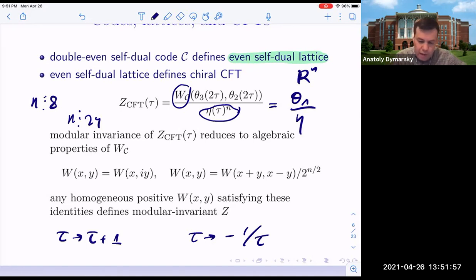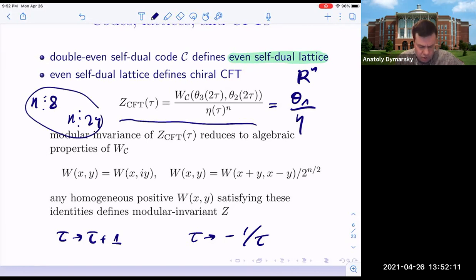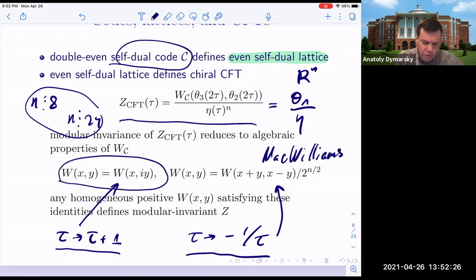And if you have the partition function given by this formula, modular invariance will be guaranteed, well, modulo this issue with the anomaly, by two algebraic identities. This transformation will be taken care of by this algebraic identity, and this transformation will be taken care of by this identity. This is the MacWilliams identity for the code, and this identity comes from the fact that the code was double even.